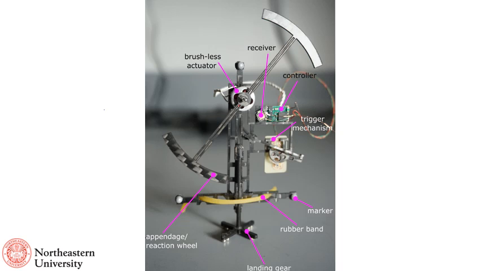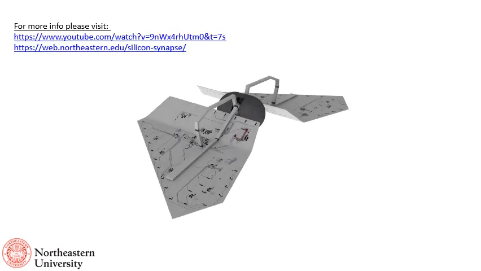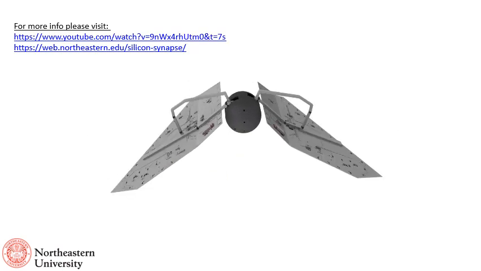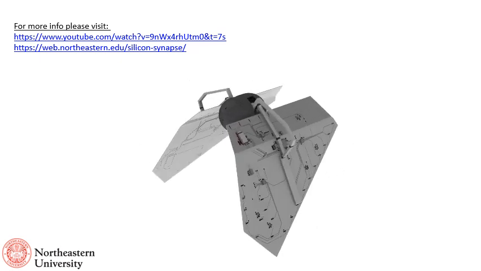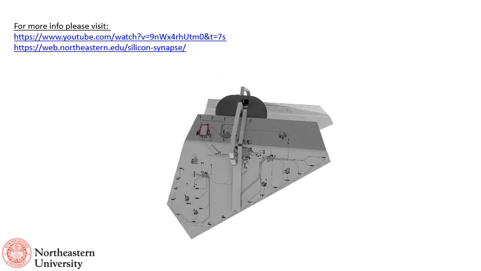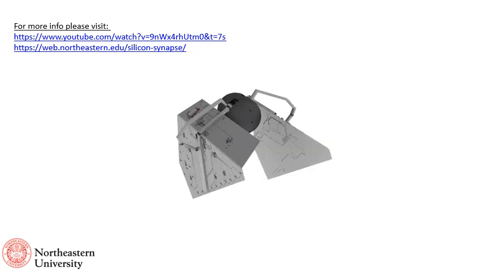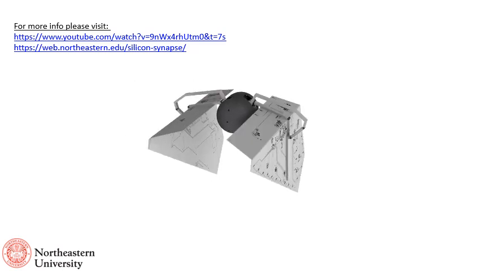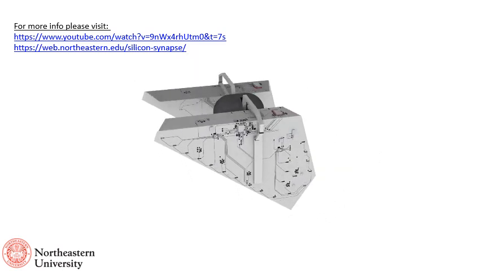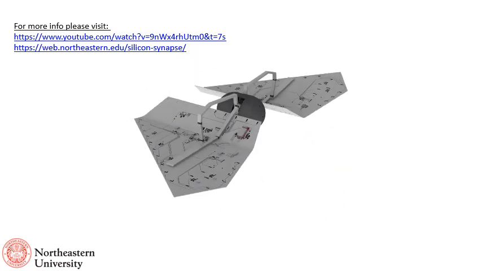This bob is designed to precisely capture the desired body to wing inertia ratio. Harpoon is considered as the landing gear in a morphofunctional machine that is being developed currently at NU. For more information about this robot, please visit our website and YouTube channel.